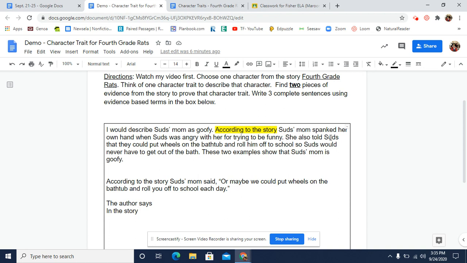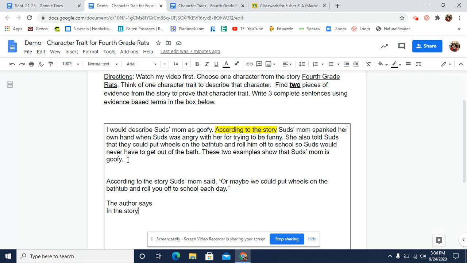So I said she also told Suds that they could put wheels on the bathtub and roll him off to school so Suds would never have to get out of the bath. So to me, that's pretty goofy. Okay. And then I end it with just saying these 2 examples show that Suds's mom is goofy.